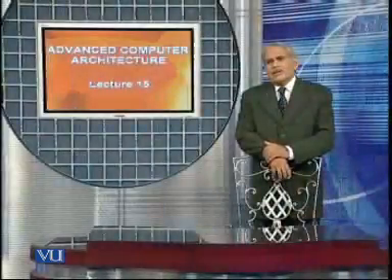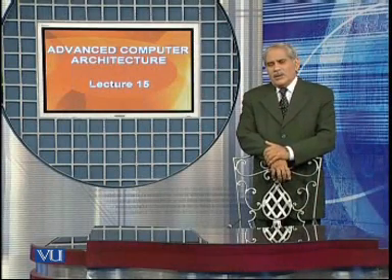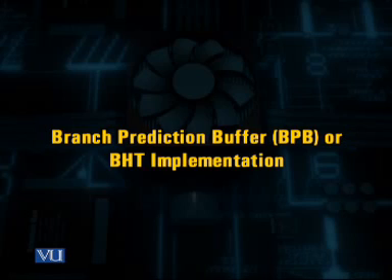Now let us see how we can implement the branch prediction buffer or branch history table. The branch prediction buffer or branch history table is implemented as a small piece of memory, which is usually a cache. This cache is accessed with the instruction address during the instruction fetch stage.